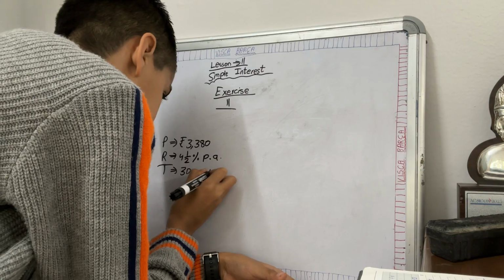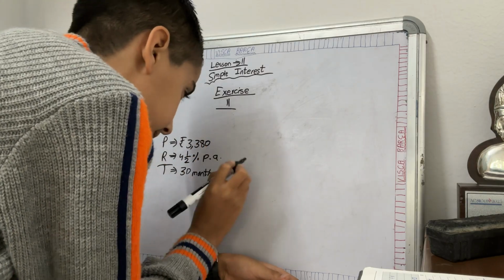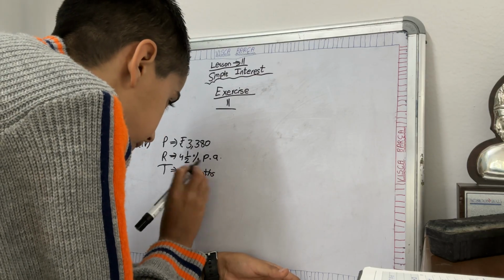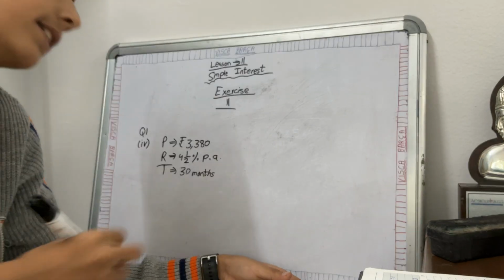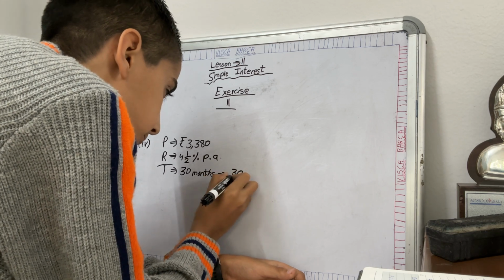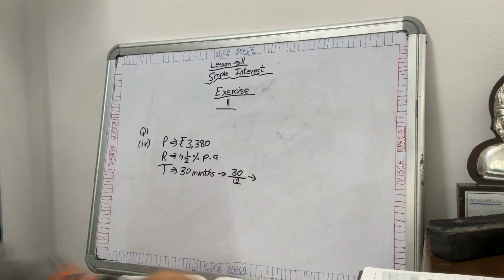Please convert all of them into years, because here the rate is given per annum and this is in months. So we'll convert this into years. How will we convert this into years? We'll divide 30 months by 12. Now we'll cut.